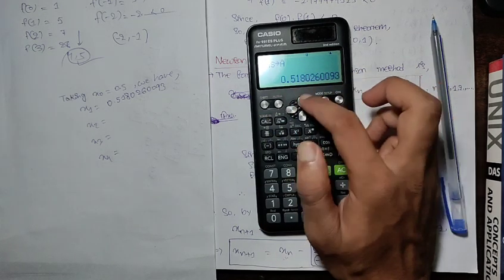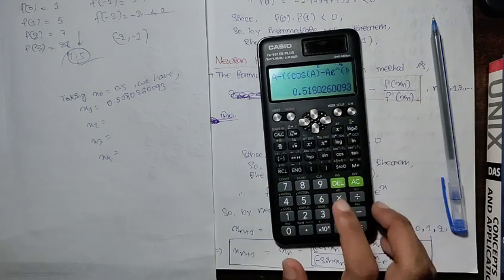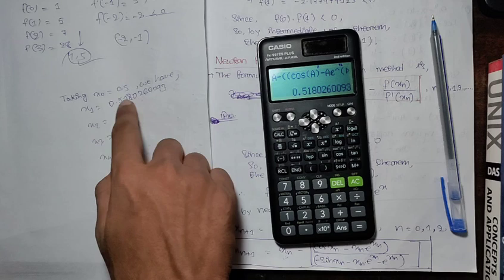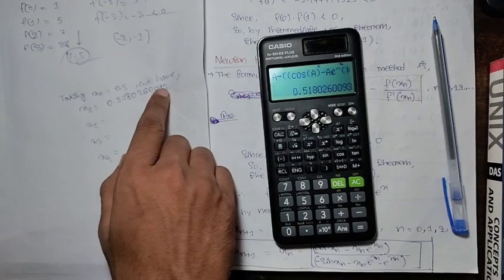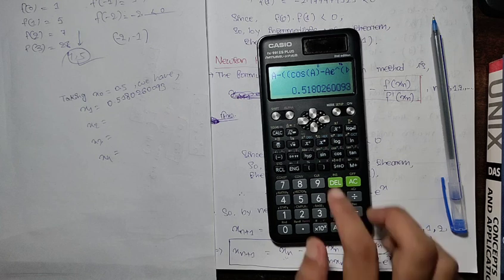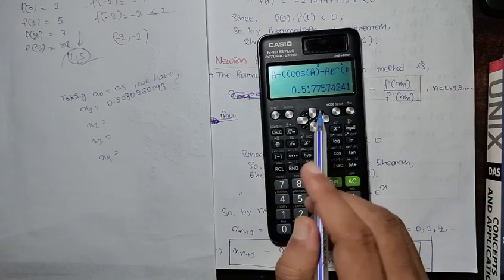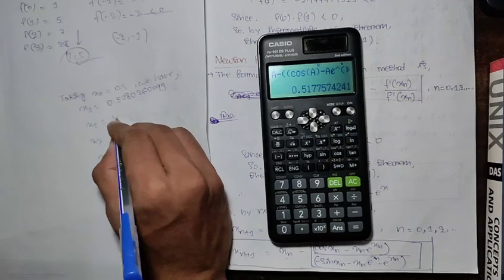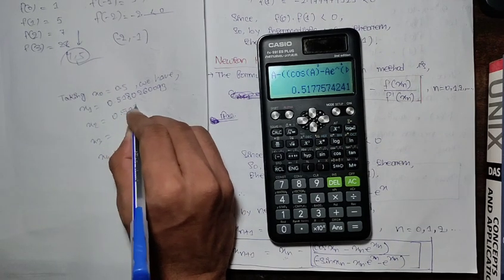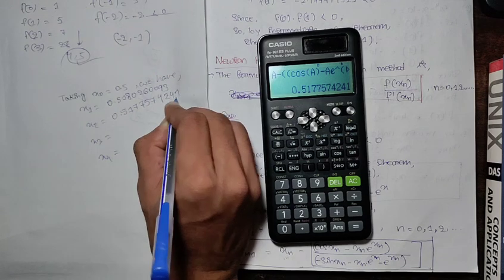Now press the up arrow, see here, this is the up arrow. Now this value is applied in this equation. So now press equal to, got it? So our x2 is 0.5177574241.